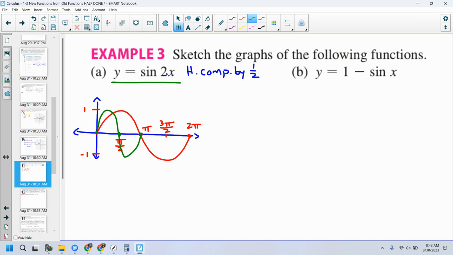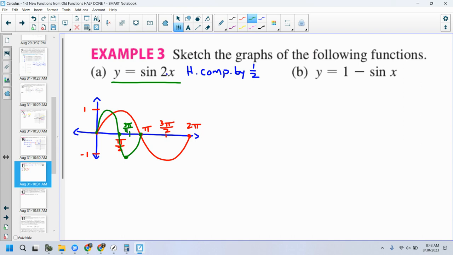Okay, so now this point down here is the one that I was referencing with this 3 pi over 2, right? If it's horizontally compressed by a factor of 1/2, I'm just multiplying that x value by 1/2. So 3 pi over 2 times 1/2 is 3 pi over 4. I'm going to tuck that in there.